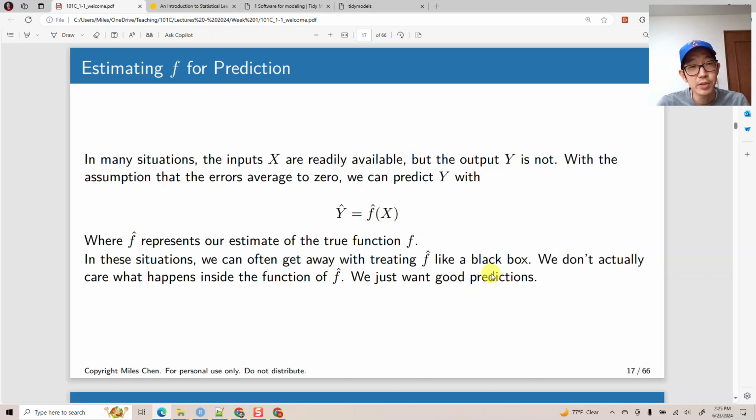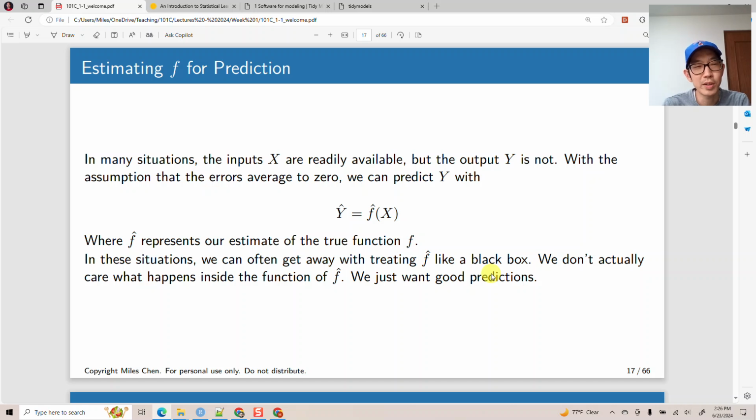In a lot of these situations, the inputs in x are readily available, but the output y isn't as readily available. With the assumption that the errors average to 0, we can predict y using y hat by plugging x into f.